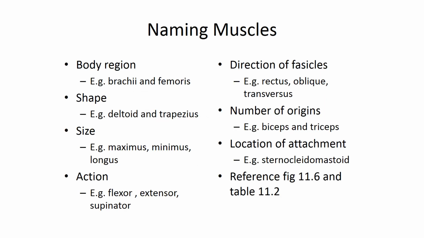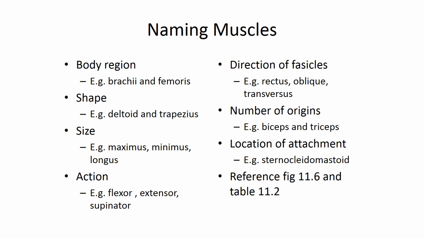Now, as I mentioned before, muscles can be named in a variety of ways. By their shape, like the deltoid or trapezius, by their body region, where they're found, brachii, femoris, their size, maximus, minimus, their action, flexor, extensor, the direction of fascicles, rectus means straight, for example, number of origins, or the location of attachment.